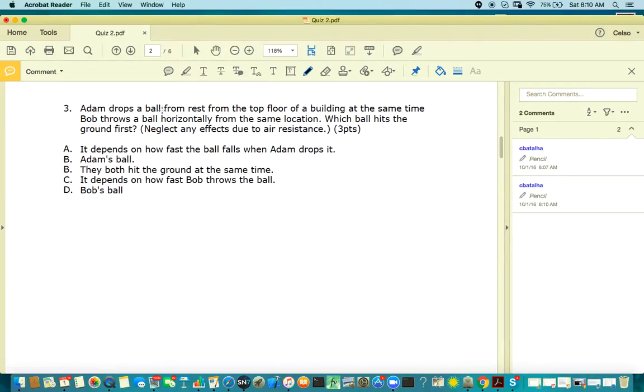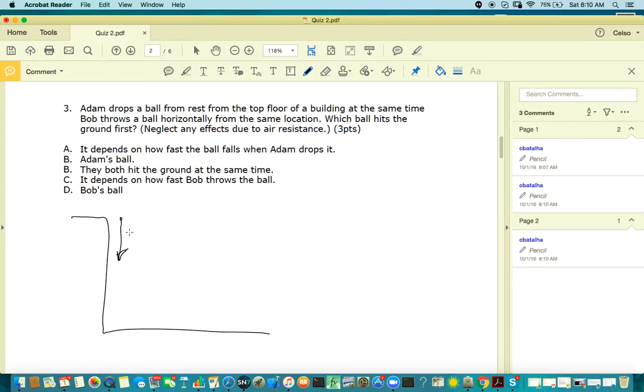Okay, Adam drops a ball from the top of a building. At the same time, Bob throws a ball horizontally from the same location. So this is the concept of projectile motion. You have the top of a building, and Adam drops the ball straight down, just a drop, with initial velocity 0 in the y direction.